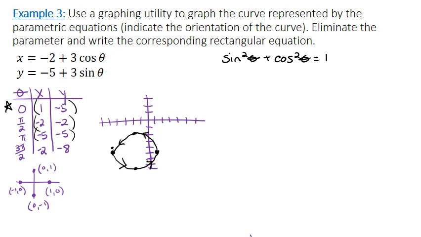This is the easiest one to deal with, and I already have sine and cosine. I need to get cosine of theta by itself and sine of theta by itself. To get cosine by itself, I'm going to add 2 to both sides and then divide by 3. So cosine of theta becomes x plus 2 divided by 3.